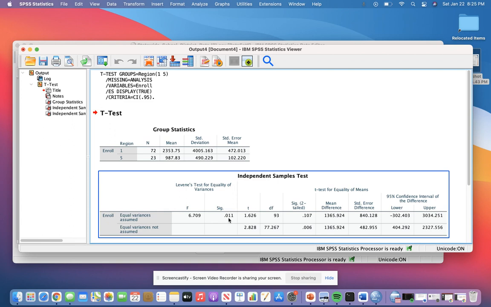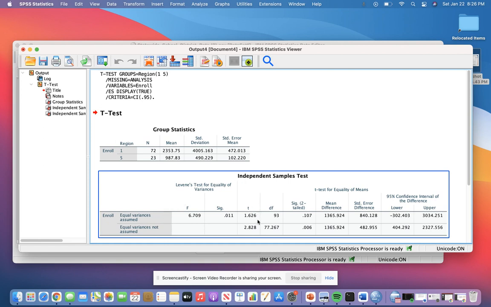That means that it violates the homogeneity of variables, meaning that we really should be doing a Mann-Whitney test. But for the purposes of this assignment, we're going to use equal variances assumed, and assume that all assumptions have been met. That means they both have 30 subjects, the normality of distribution, and homogeneity of variables.